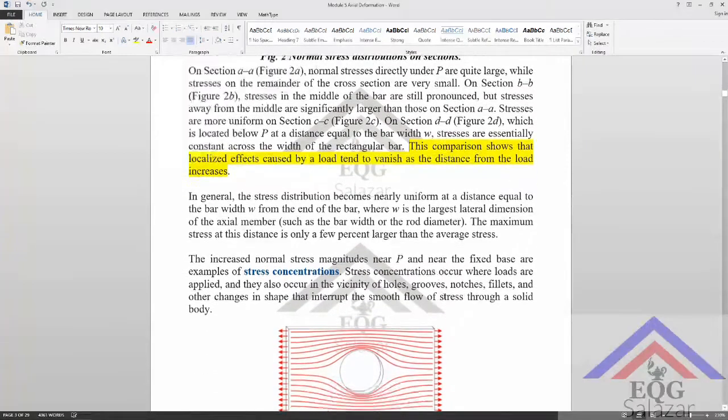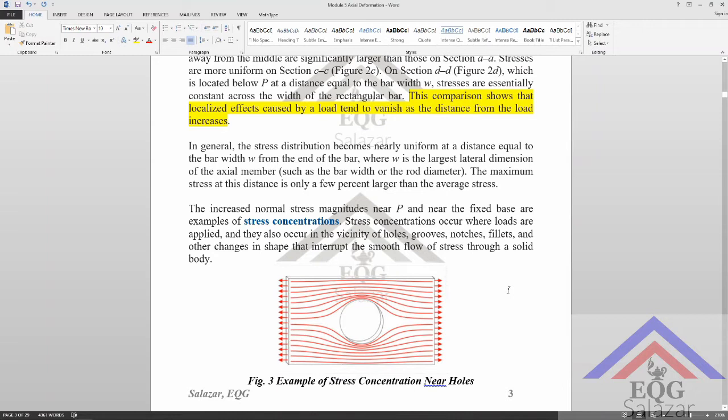This Saint Venant's principle is very important when it comes to stress concentrations, say if you're designing a support for a certain material, or you're designing a beam with a hole through it. There are certain provisions that you have to follow with respect to the hole in between the beam, right?